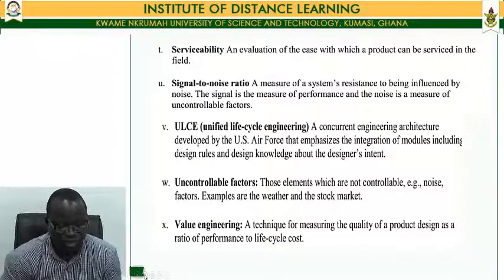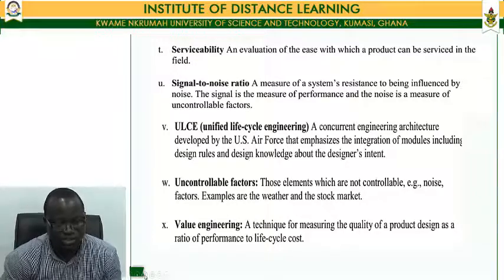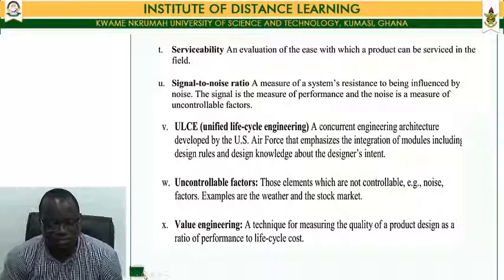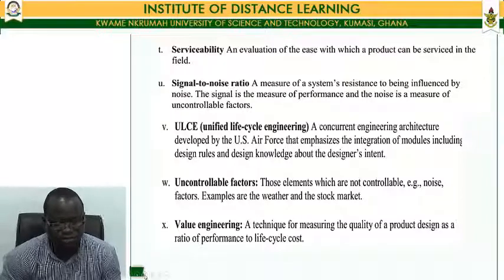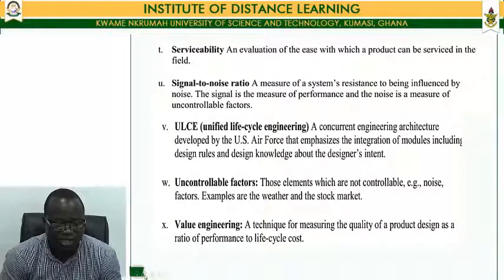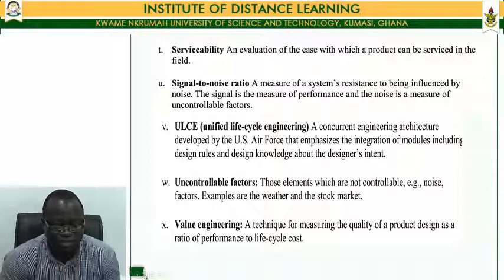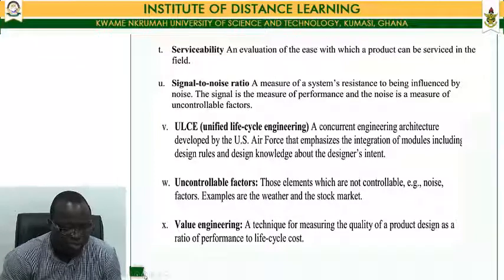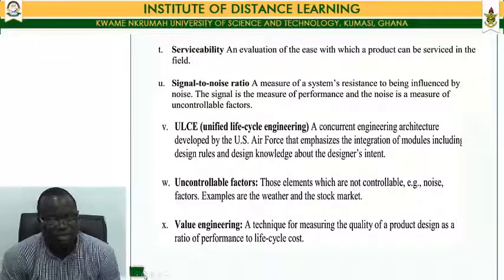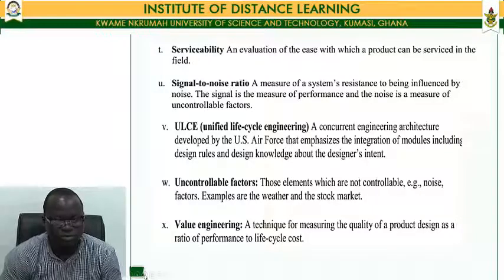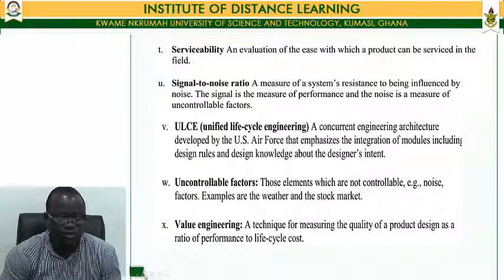So if we talk about signal, then we are talking about the performance of the machine or the product, and noise talks about uncontrollable factors. So if you want to do a signal to noise ratio, then basically you are looking at the performance of the machine as a measure of the noise, that is the uncontrollable factors that are in the machine, that is the deficiencies that you could not control, or couldn't do much about.